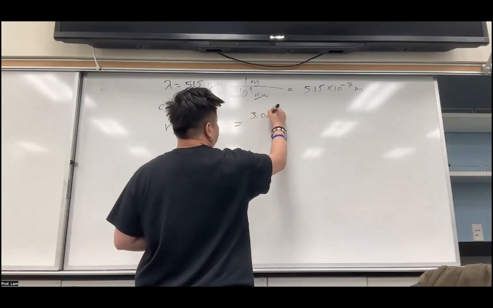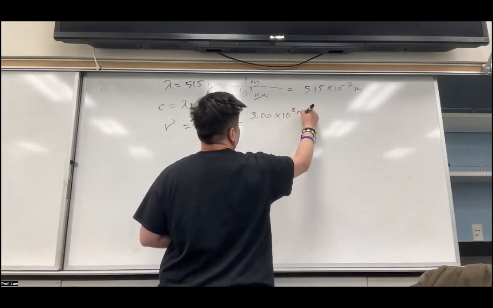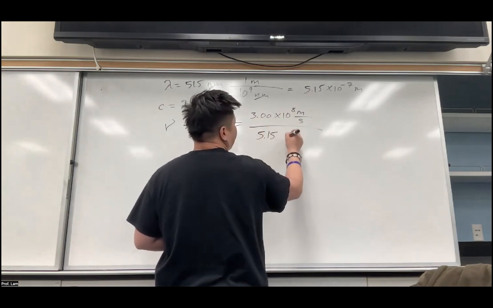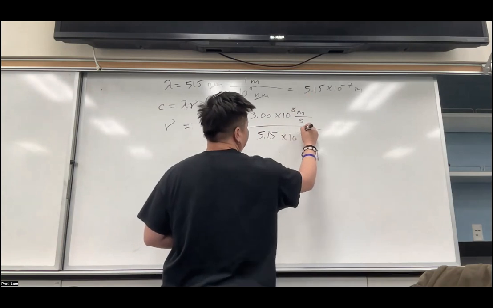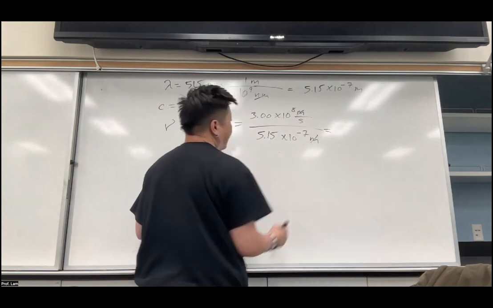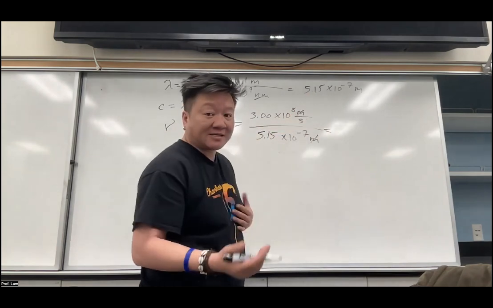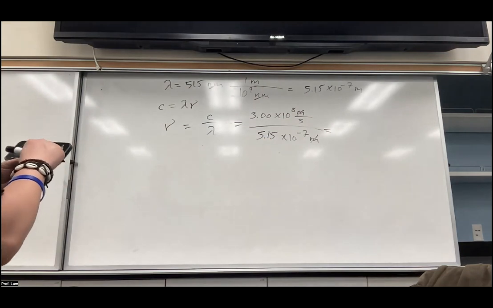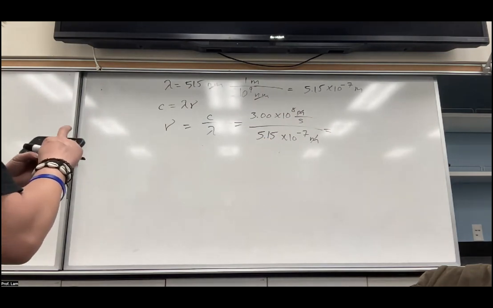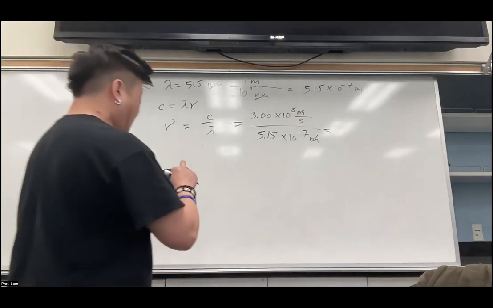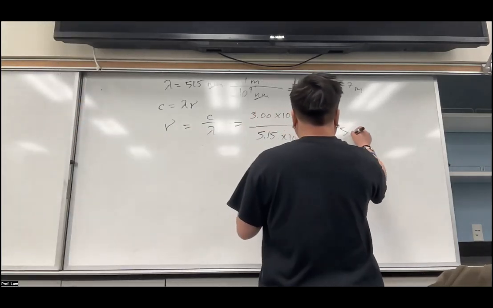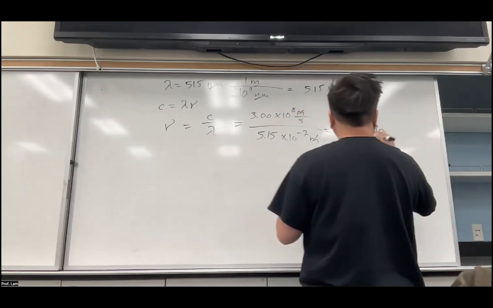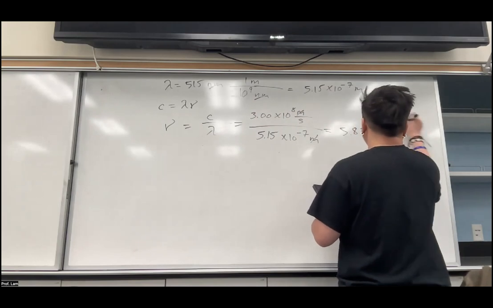That's equal to 3.00 times 10 to the 8 meters per second divided by the wavelength, 5.15 times 10 to the minus 7 meters. Meters cancel, and look at what we have: 1 over second, that's the same thing as inverse seconds, which is a unit of frequency, so perfect. So we get 5.83 times 10 to the 14 inverse seconds.